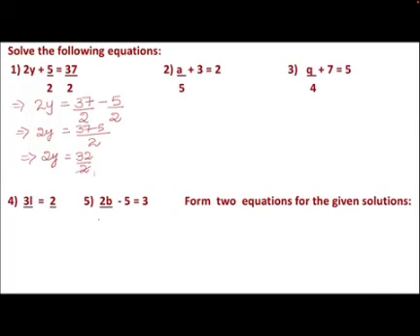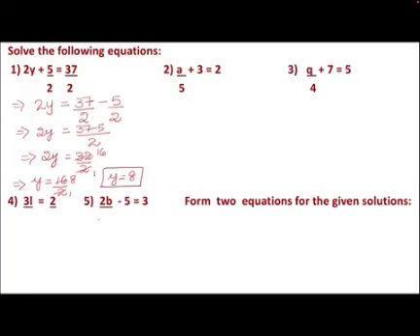So 2 ones are 2, 2 sixteens are 32. Now I am going to shift 2 to RHS. So y equals 16 divided by 2. 2 ones are 2, 2 eights are 16. So the solution is y equals 8.